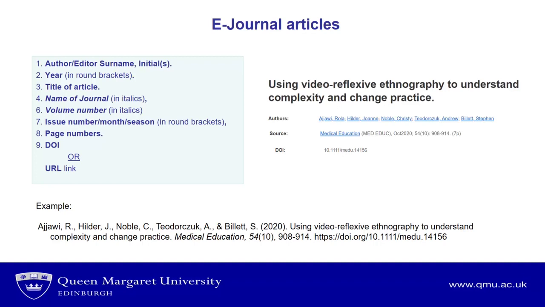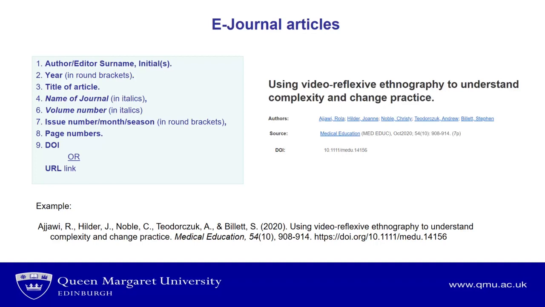The name of the journal that the article was published in goes next, and that goes in italics, followed by the volume number, that also goes in italics, then followed by the issue number or month or season depending on the journal, and that goes in round brackets too. This is then followed by the page number range of the article itself.